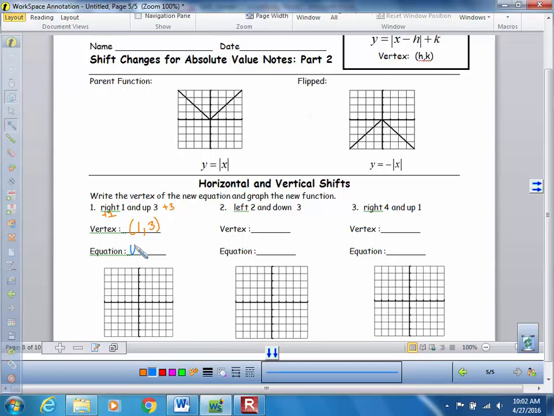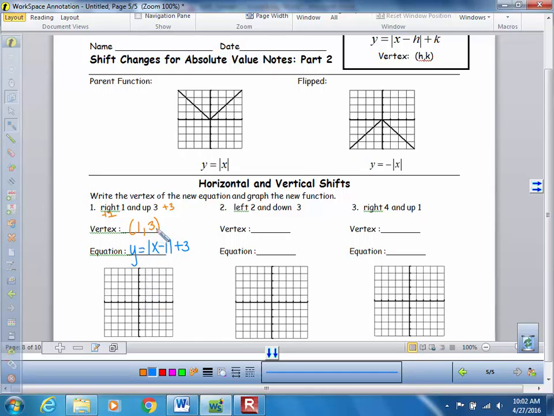So I'm going to get y equals absolute value x minus 1 plus 3. So all I did was plug 1 in for h, 3 in for k. Now to graph this, what I'm going to do is I'm going to graph the vertex.